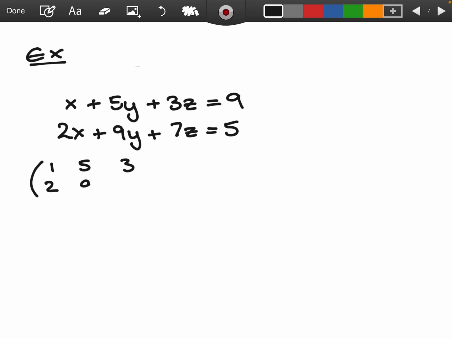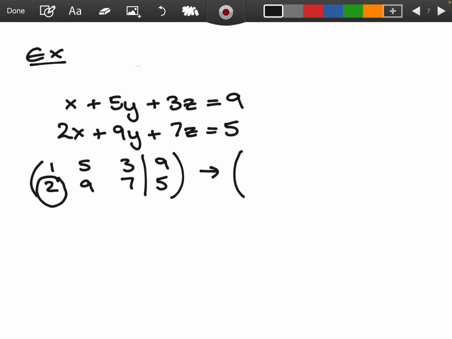Again, I'm going to put this in matrix form to make it slightly easier to deal with. And I'm going to use Gauss-Jordan as much as I possibly can. Again, you can put this into a calculator, either to show what you've done is correct, or if you do not need to show your work, you can just plug this straight in. I'm going to go through and do this just so that we can see what happens.